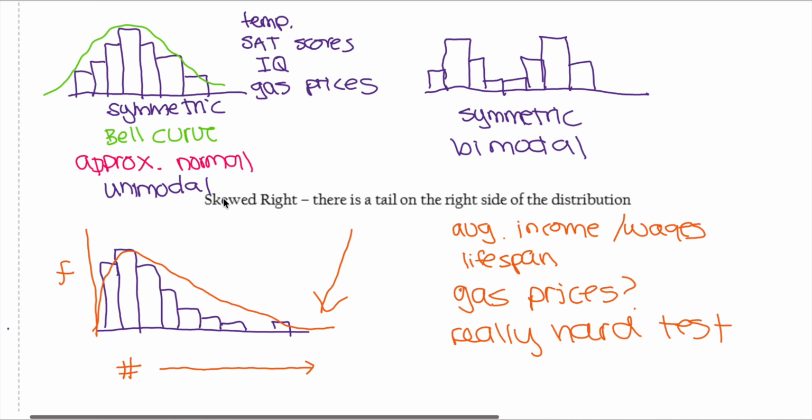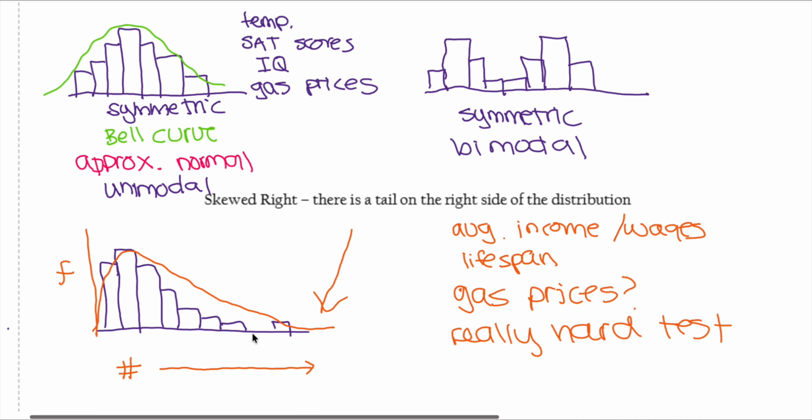So let's move on to the next type of graph, which is skewed right. This means that there is a tail on the right side of the distribution. So take a look here. This is a little tail in here, and this is on the left side. So this is getting a little bit harder, a little bit confusing.